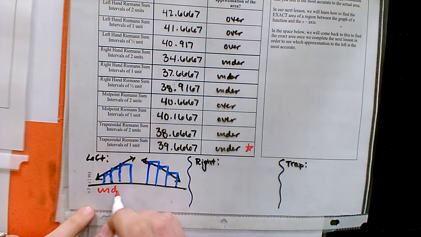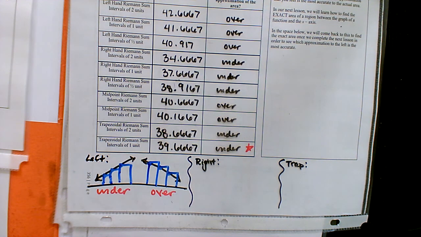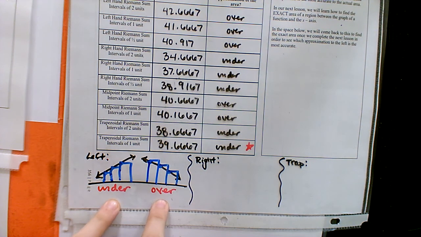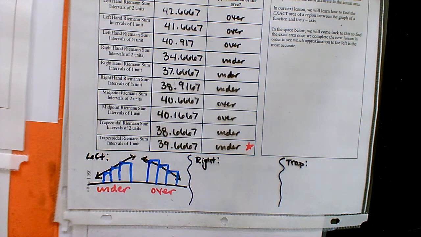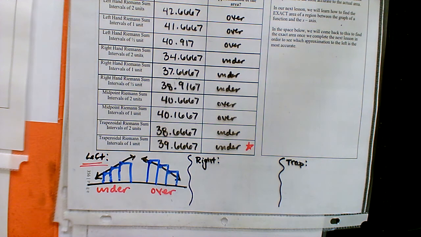Definitely under. What about decreasing? Definitely over. So if we're able to determine, or they actually tell us, that a function is always increasing or always decreasing, we know exactly our estimate as over or under depending on what the case is. That's assuming we use left endpoint rectangles though.